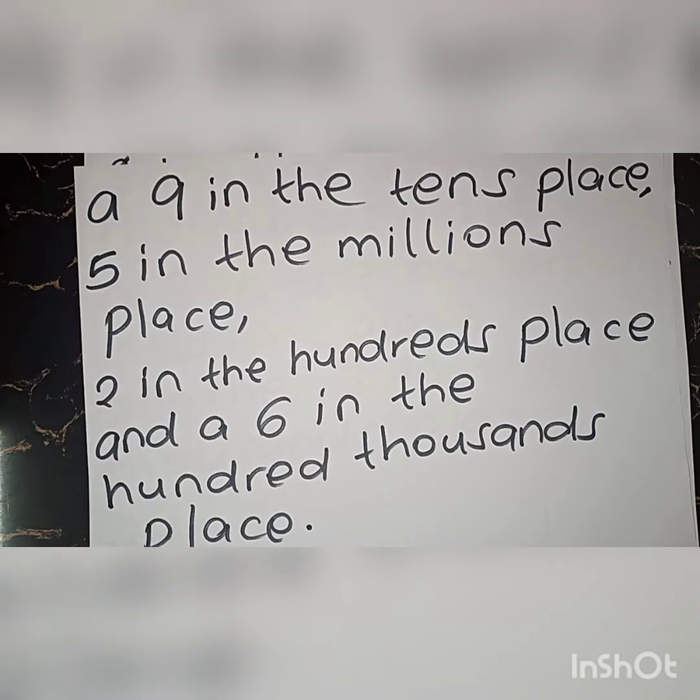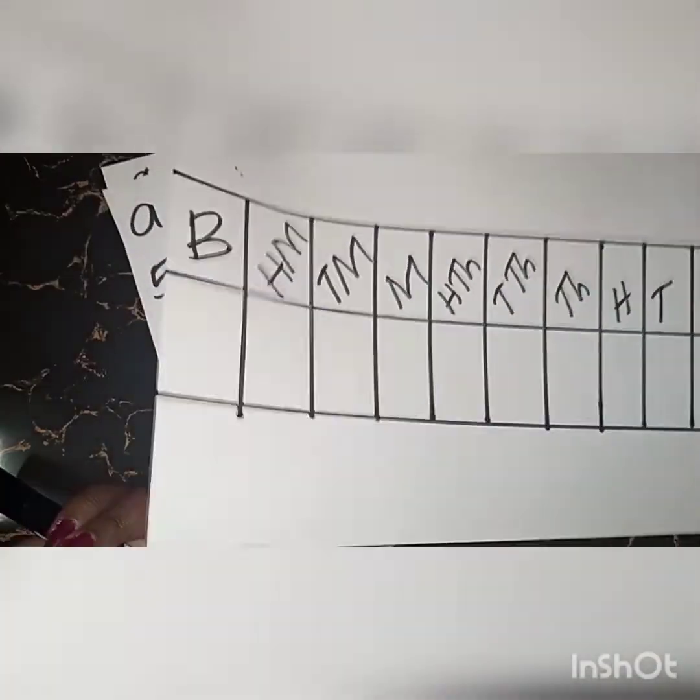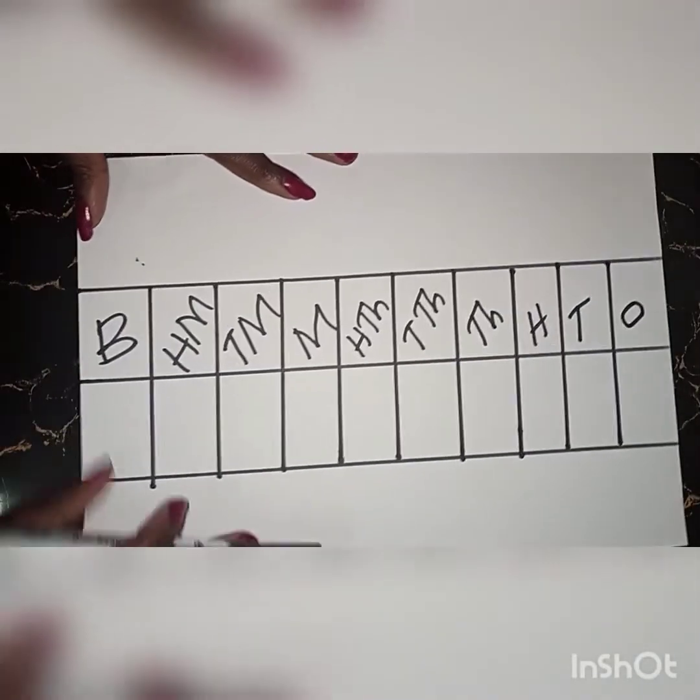And the best way to answer this question would be to draw the place value table like we did in our last lesson. So, we need to draw something that looks like this. Okay?